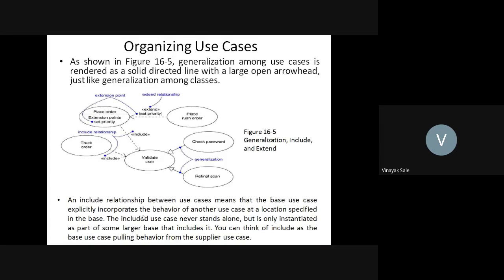The included use case never stands alone, but is only instantiated as a part of some larger base that includes it. You can think of include as the base use case pulling behavior from the supplier use case.